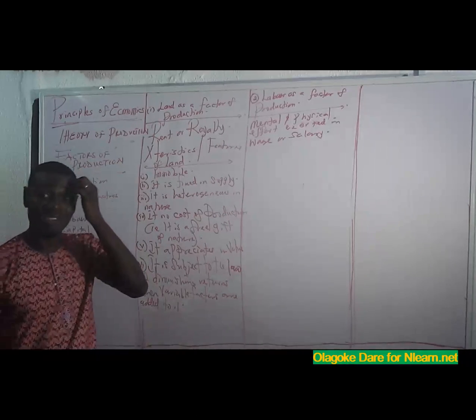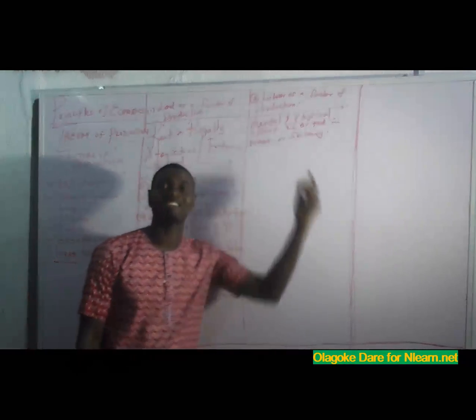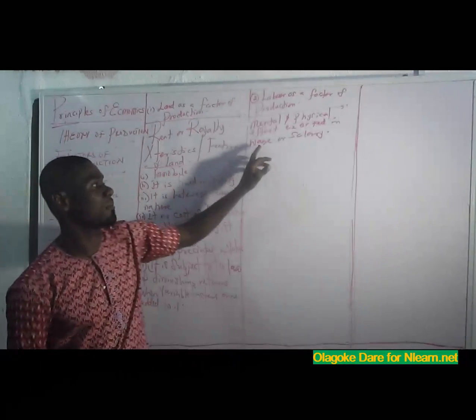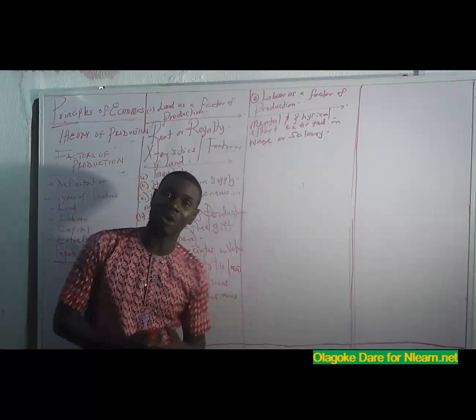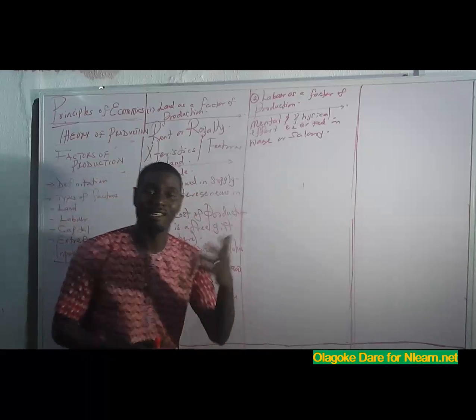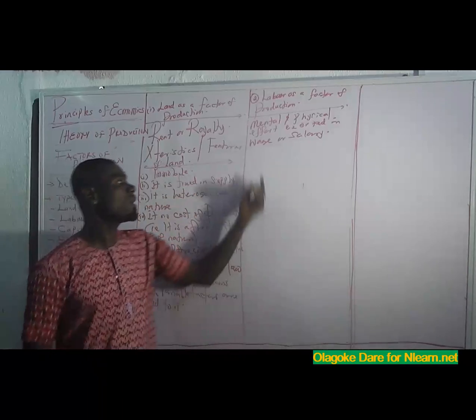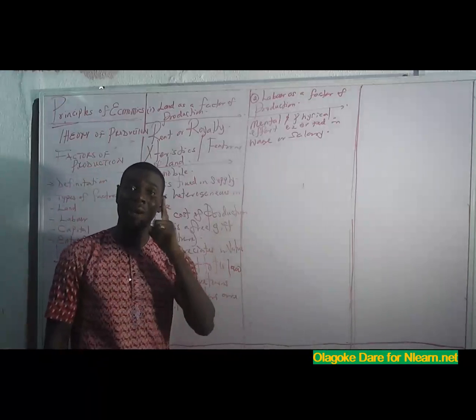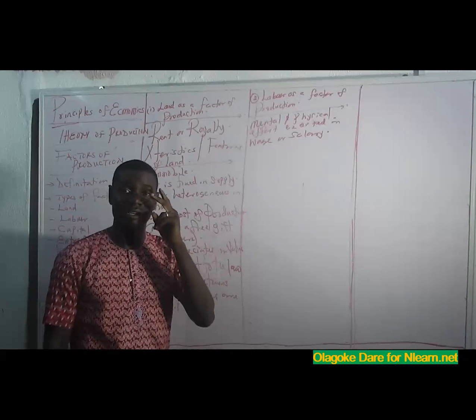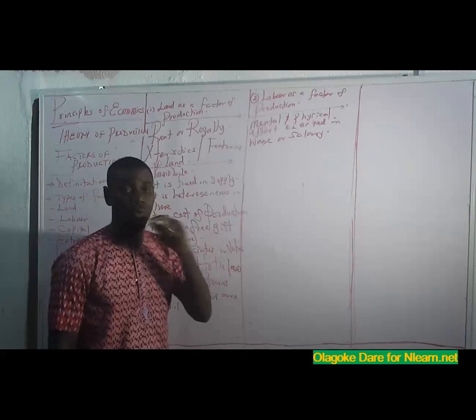Right? Now the question comes, what's the difference between wage and salary? Wage is an amount usually paid to casual workers, those that will be laid off in a short while. And wage is usually paid hourly, daily or weekly.